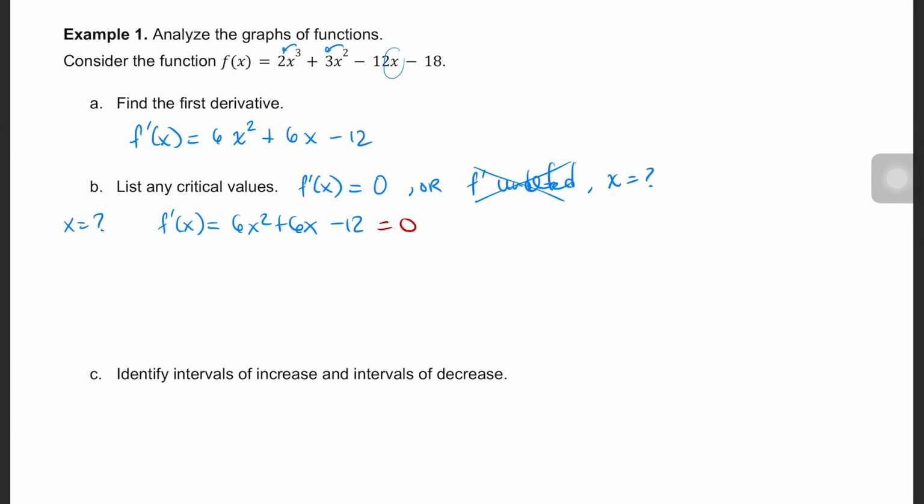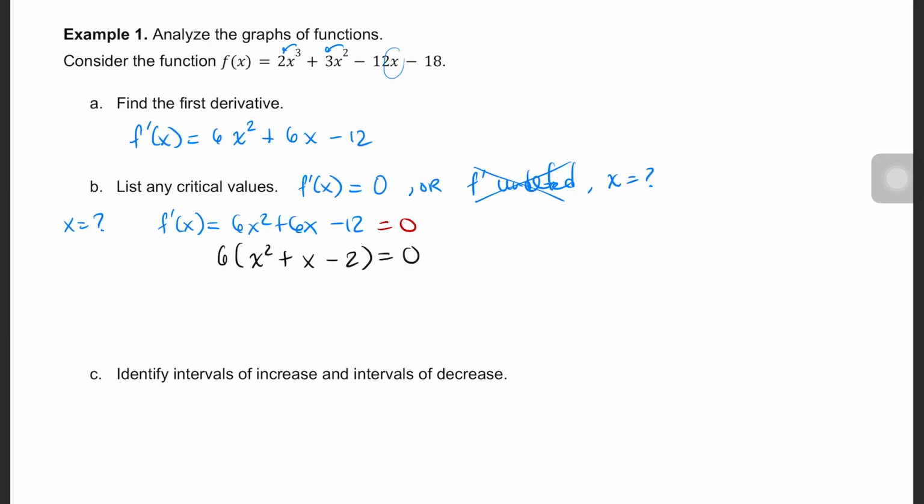If you're thinking about how to solve this, recognize that this is a quadratic function, and we often try to factor it. How can we factor this trinomial? Well, first begin by factoring out any greatest common factor. In other words, every term has a factor of 6, and we carry the 0 there.